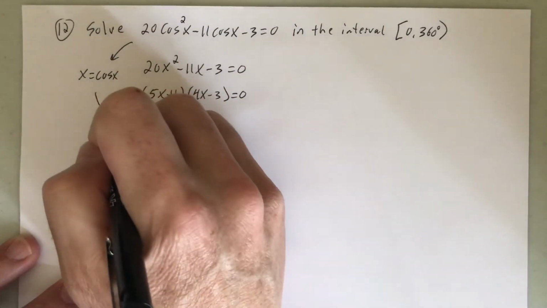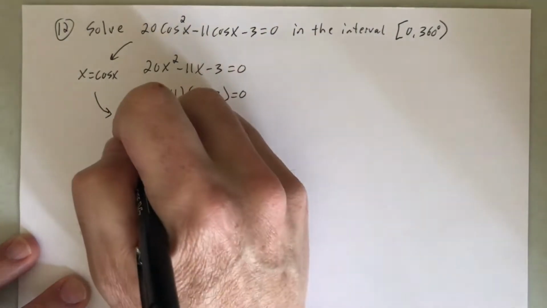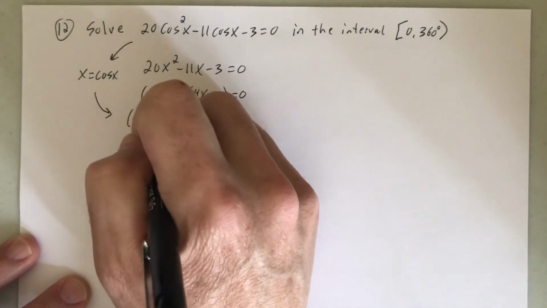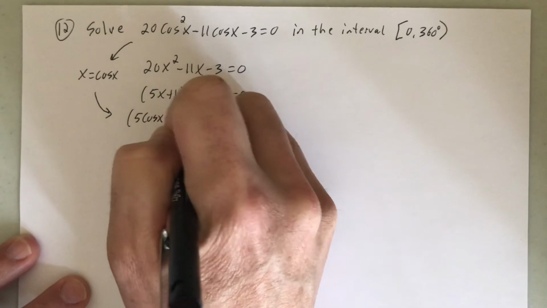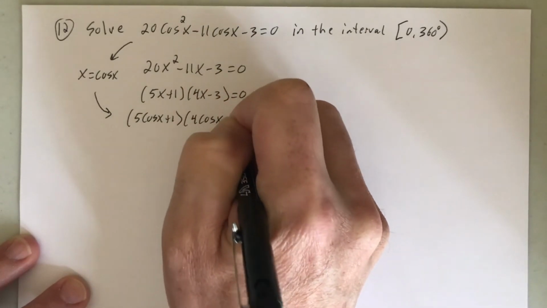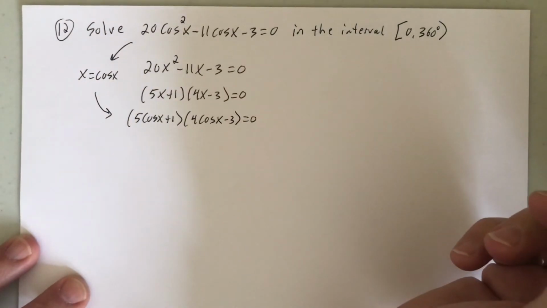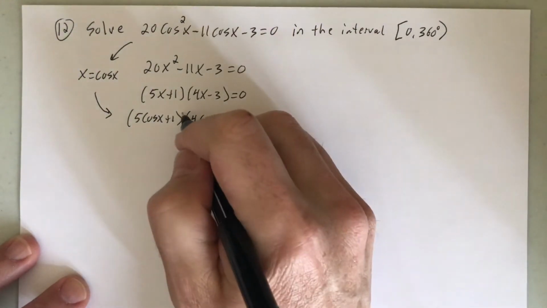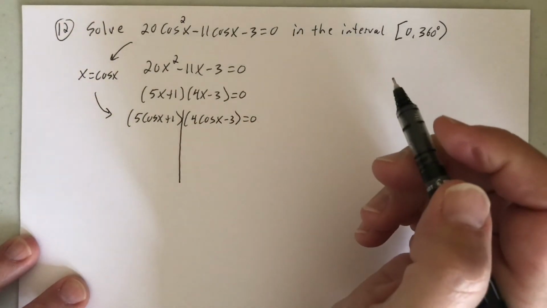Now I can go ahead and put back my cosine function. So this is going to be 5 cosine x plus 1 times 4 cosine x minus 3 is equal to 0. Then I'm going to set these equal to 0 and solve them.